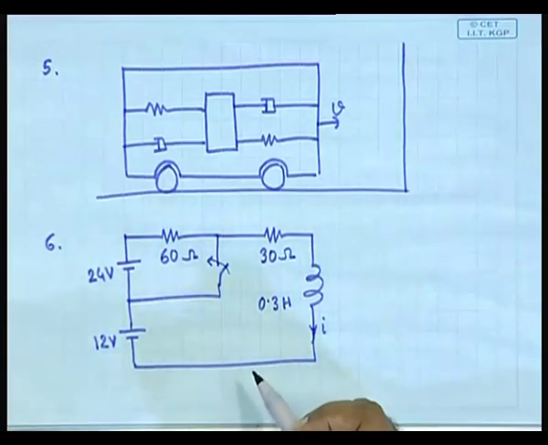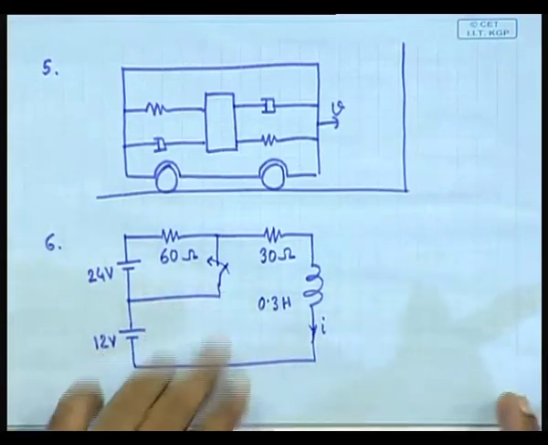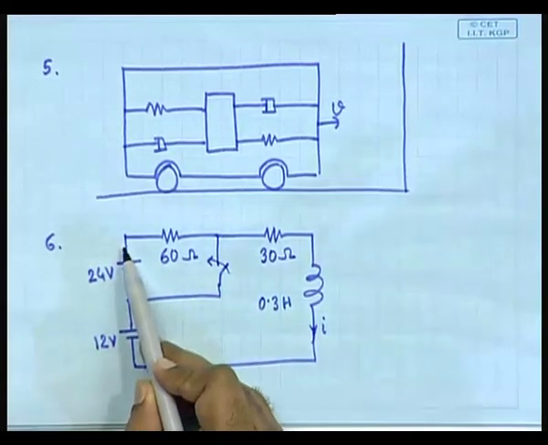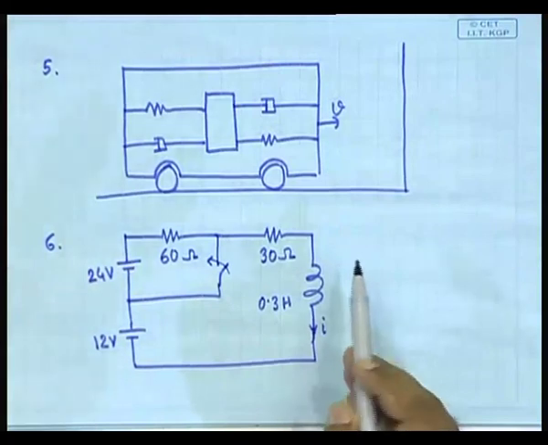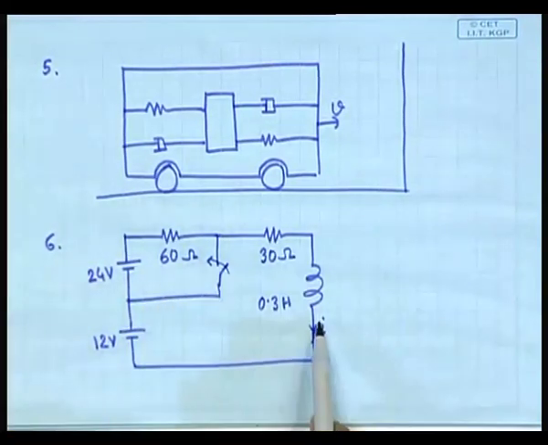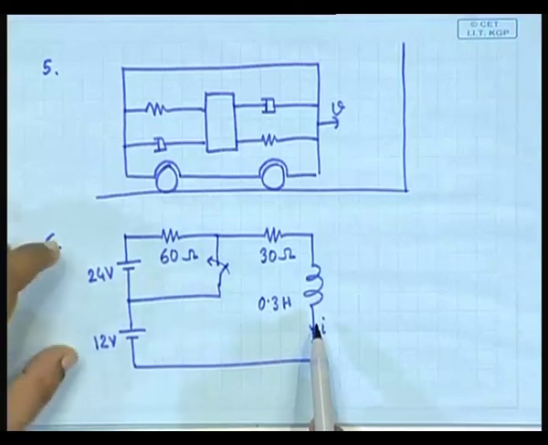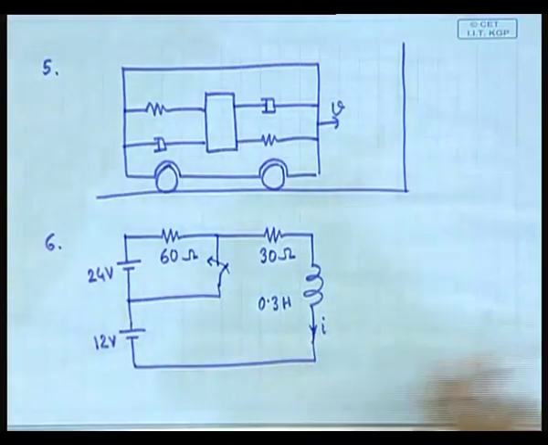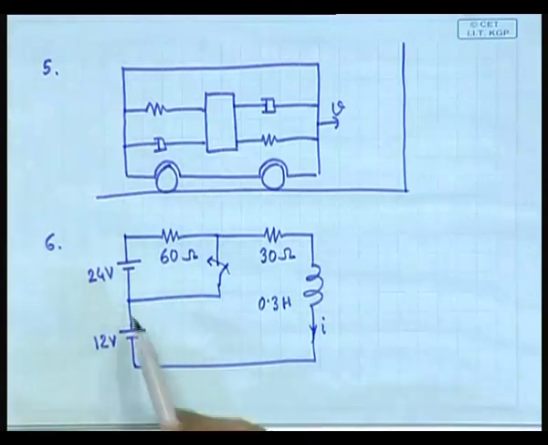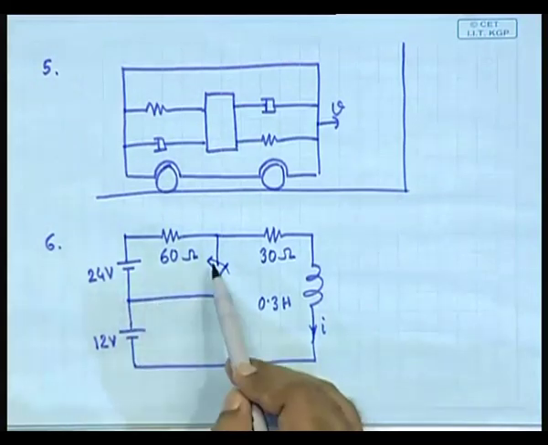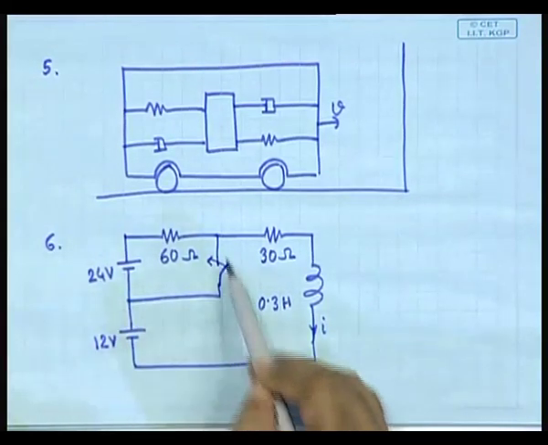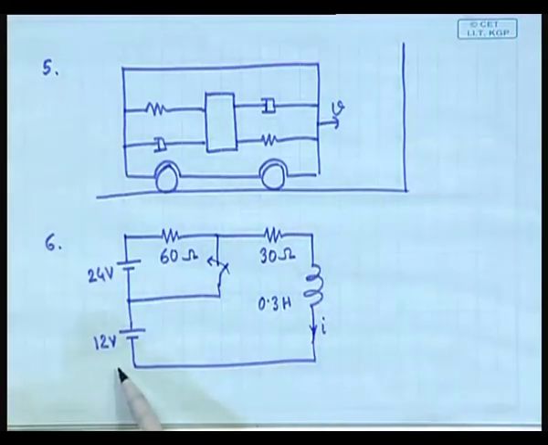Well, what will happen? Initially when this is open, suppose you have obtained a steady state. In that case, how much will be the current flowing through here? 36 by 90, clear, because it is a DC. And then the moment it is closed, it is a different circuit, and where will the steady state be? 12 by 30.